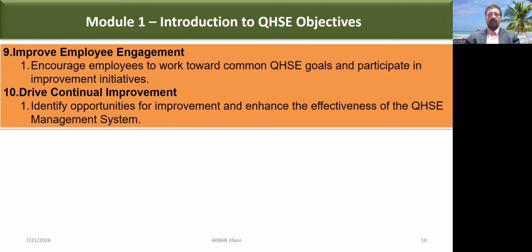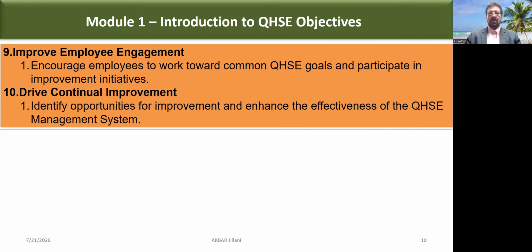Now, improve employee engagement. Because once we have the objectives, then we will work on them, so there will be teamwork, and the employees will also be engaged in achieving the objectives. So once we have objectives, it's teamwork.